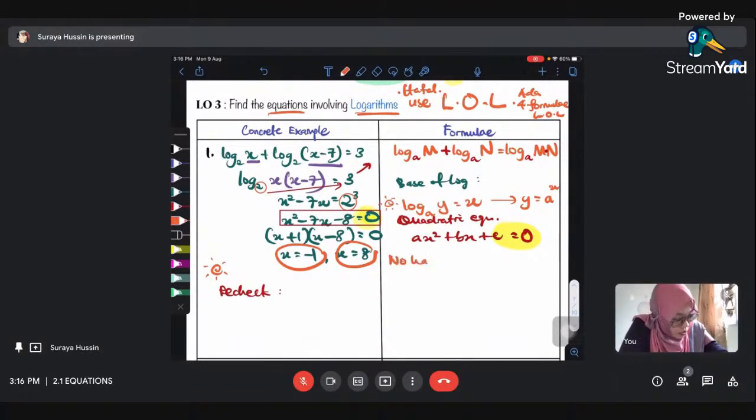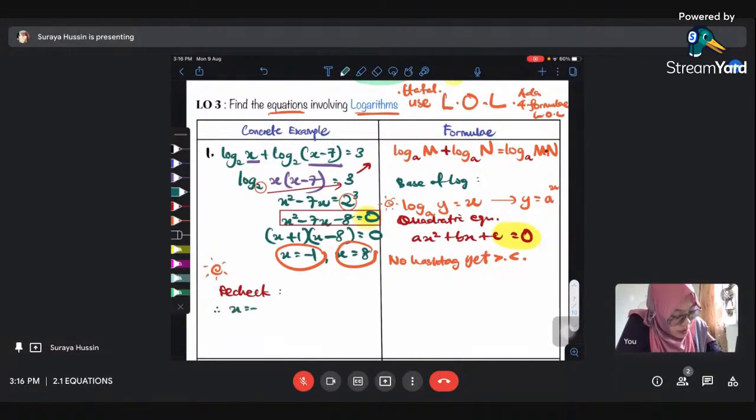No hashtag yet. Saya kena tulis supaya kamu ingat. Okay. So recheck kat sini. Untuk log, dia tidak sepayah, dia tidak serenyah surd. Okay, untuk log, dia sangat simple. Dia buat statement je.